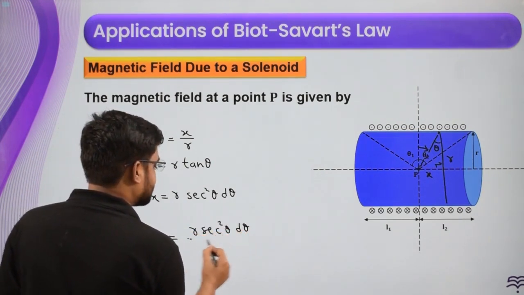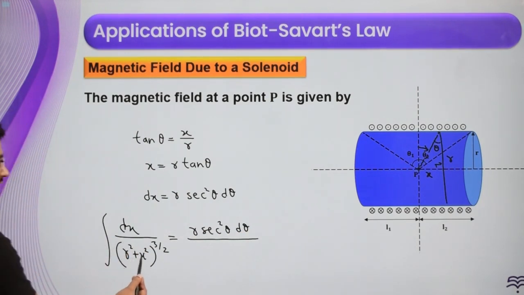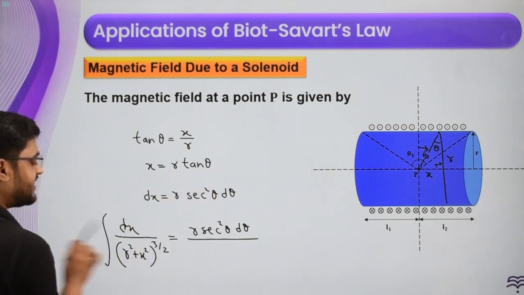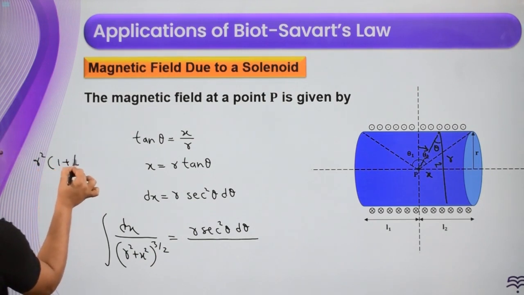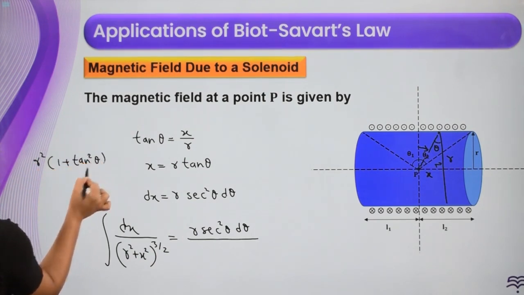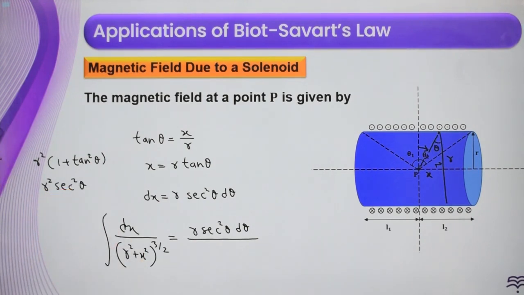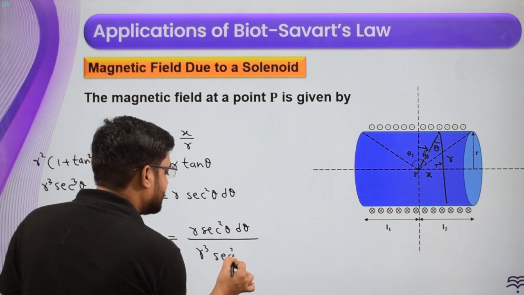Upon r square plus x square, it will become r square plus r square tan square theta. You can simply take r square common and you will be left with 1 plus tan square theta, which is again r square sec square theta, raised to power 3 by 2. So the 2 will cancel the power, and eventually we'll get r cube sec cube theta.